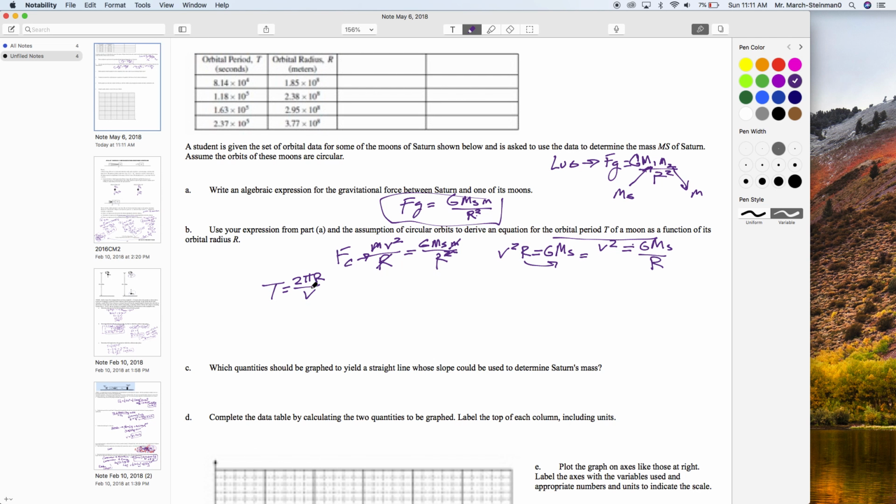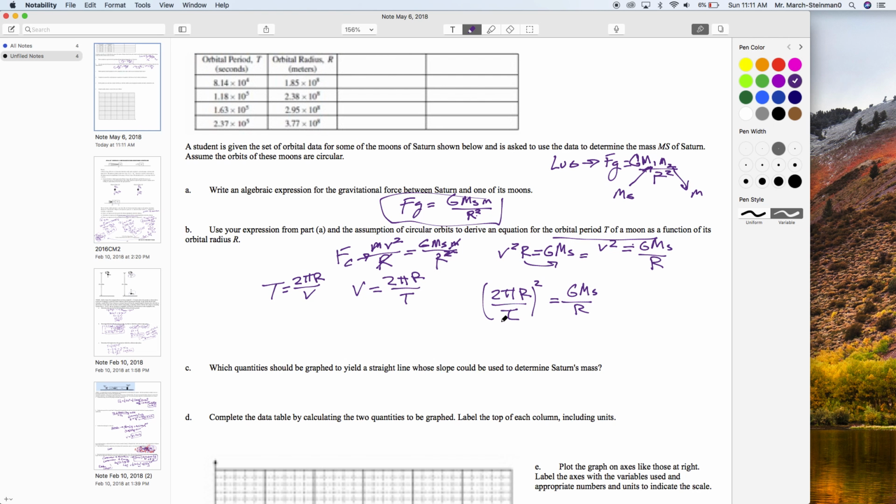And it turns out we have all these quantities, so if I want to substitute in for v, I would say that v equals 2 pi r over T. And if we do that over here, we see that we have (2 pi r over T) squared equals G Ms over r.